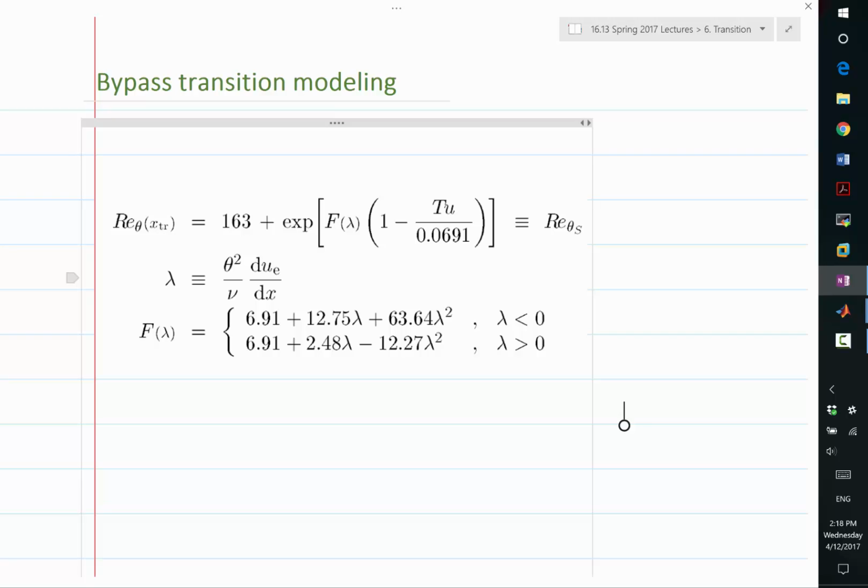So it's just a very crude empirical model, and there is a lot of current research going on in trying to make better models out of this, using direct numerical simulation data or machine learning and things like that.